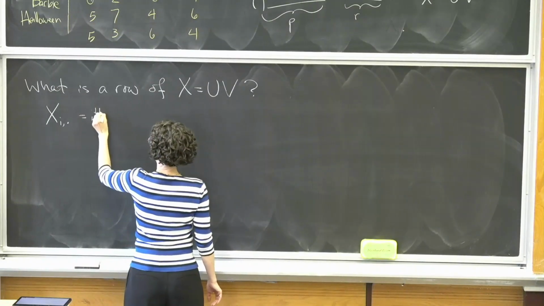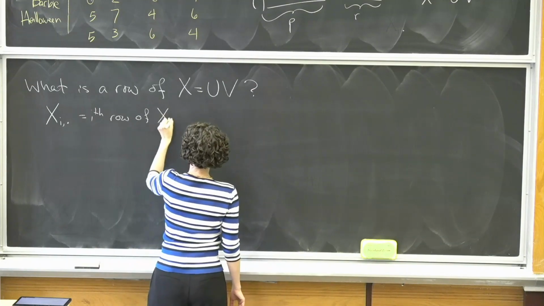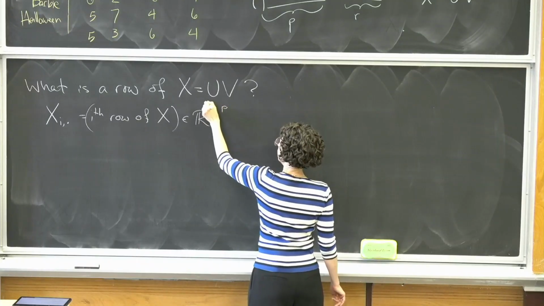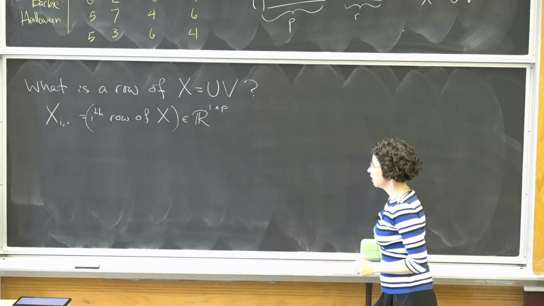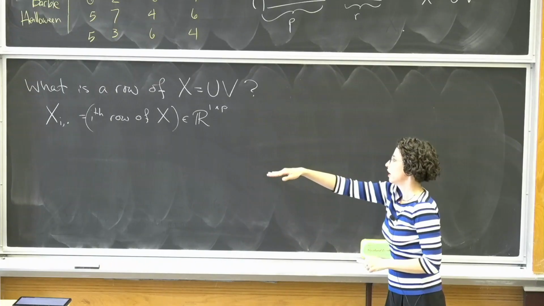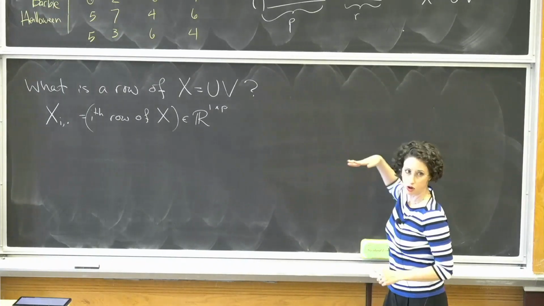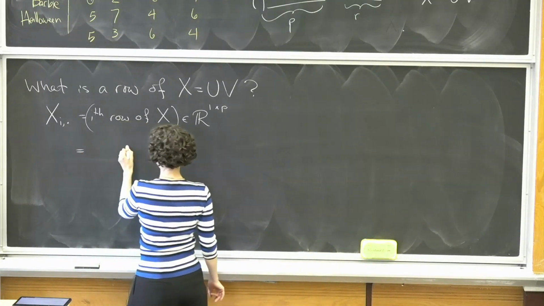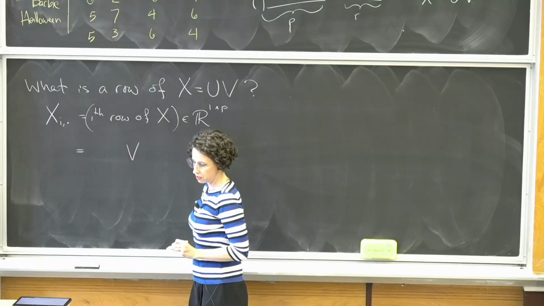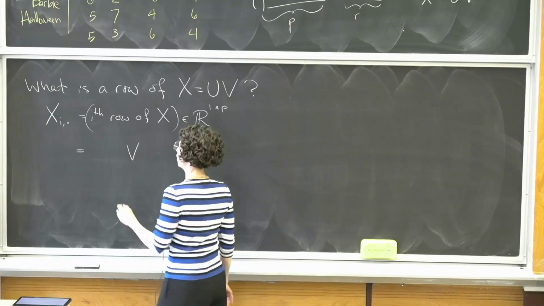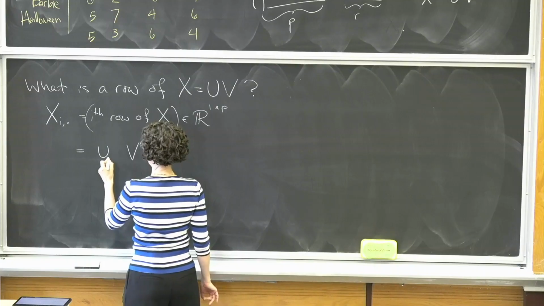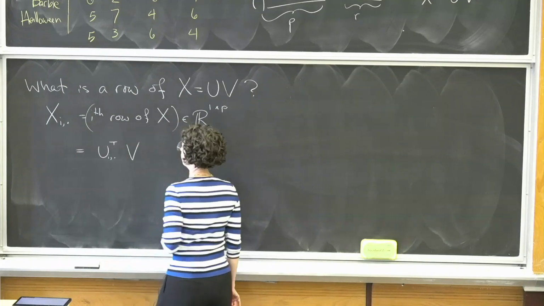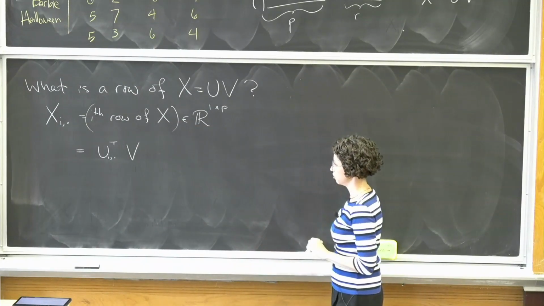So this is the ith row of x, and this is a vector that has p entries, but I'm going to write this as R 1 by p to indicate there's only one row and p entries across that row. And we can also write this as taking that matrix V and computing the product of that matrix V with the ith row of U. And I put a transpose there so that my dimensions match up, right?